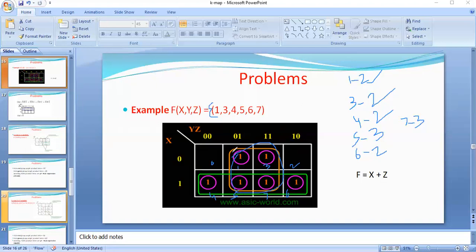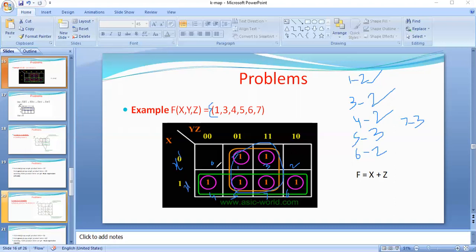Okay, so after grouping, the grouping structure may be in square or in rectangular form. We can group these 4. After grouping, what are the common terms? See here, we have x bar and we have x.